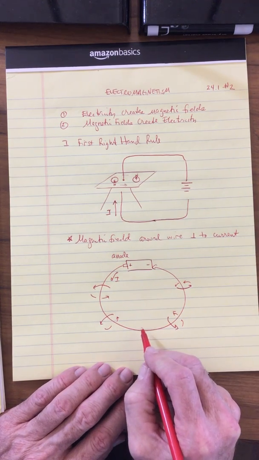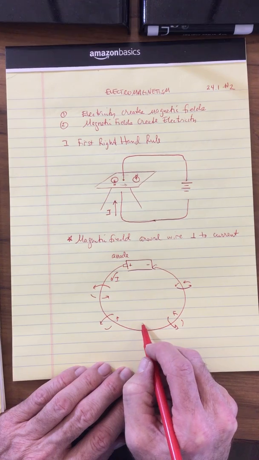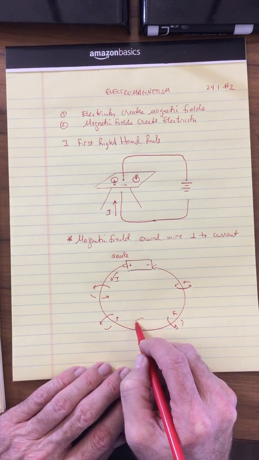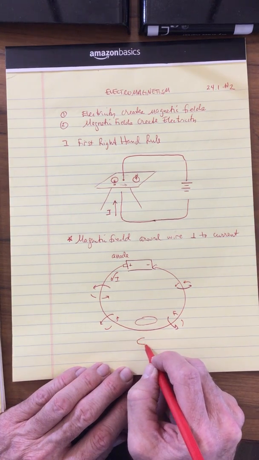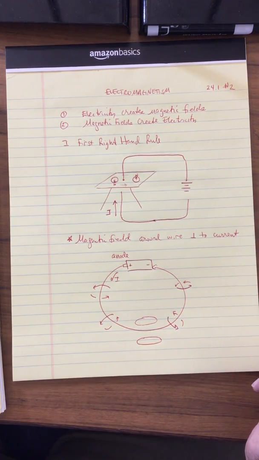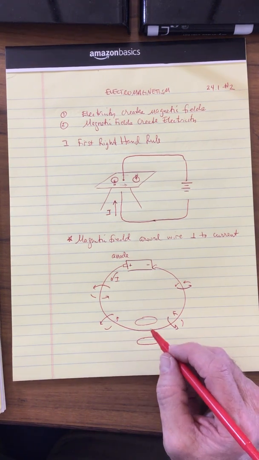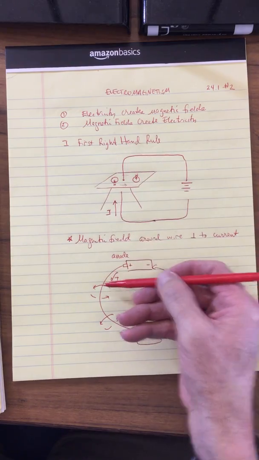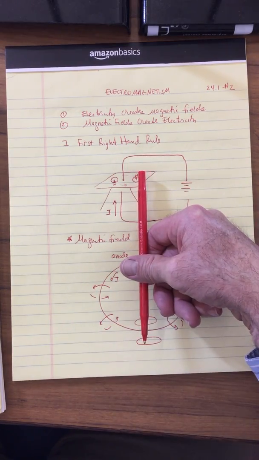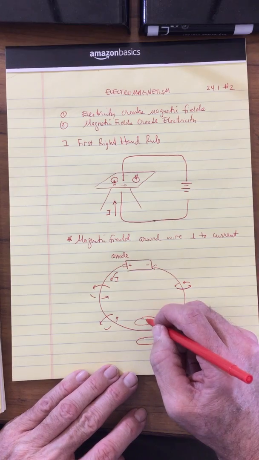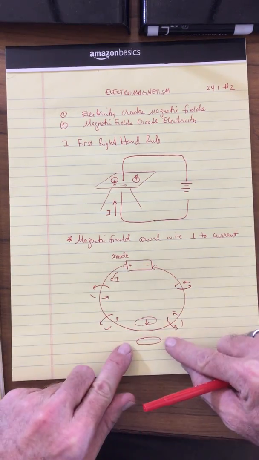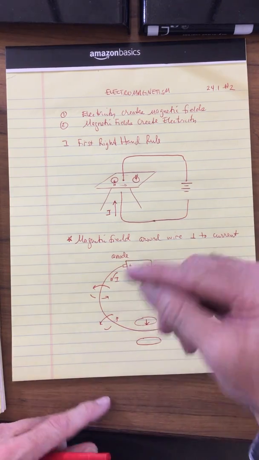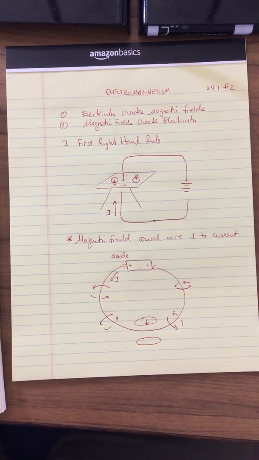So if I have a compass and it's sitting above the wire, here's a compass, and here's a compass that's down below the wire. In which direction is the north going to be pointing? Well, on the top, it's pointing this direction. North would be pointing like this. But if you take that compass and put it on the underside, you have the magnetic field going on the underside in that orientation.